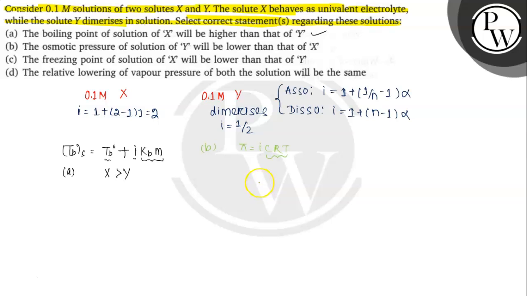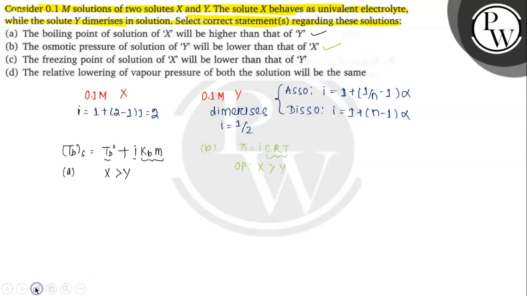So if the value of i increases, then osmotic pressure increases. So the osmotic pressure of solution X will be higher than Y, and the osmotic pressure of solution Y will be lower than X. So statement B is also correct.